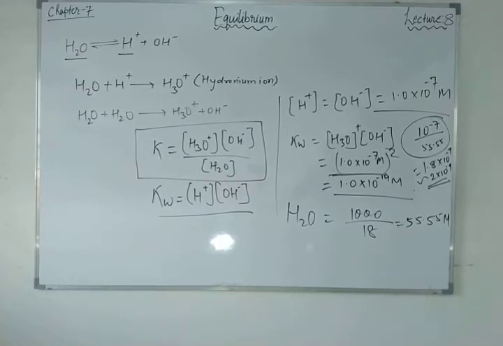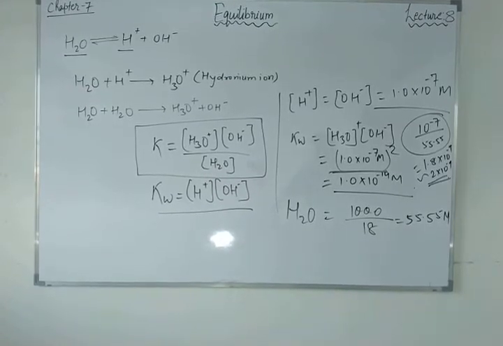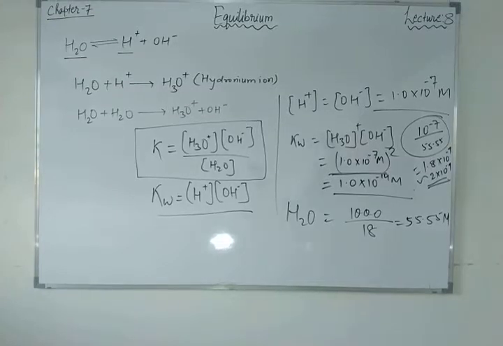Now the main thing which we are going to discuss is the pH scale. Hydronium ion concentration in molarity is more conveniently expressed through a logarithmic scale known as the pH scale. The pH of a solution is defined as the negative logarithm to base 10 of the activity of hydrogen ion, H plus, and for a dilute solution, less than 0.01 molarity, the activity is equal to the magnitude of the molarity represented by the hydrogen ion concentration.